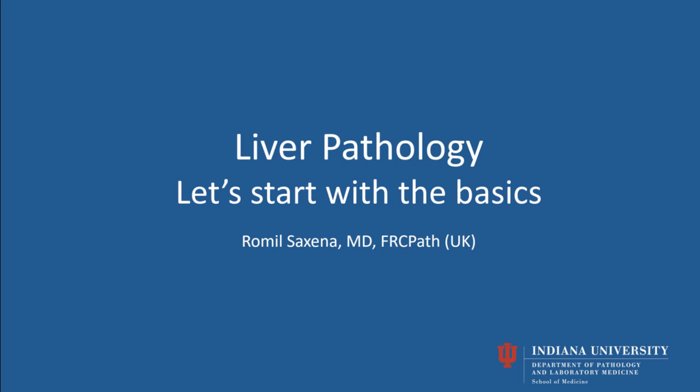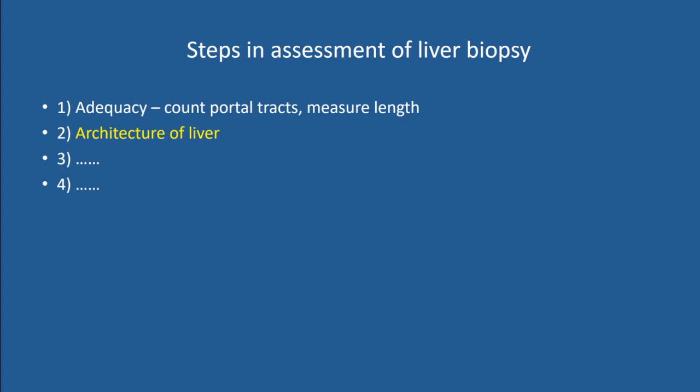When we look at liver biopsies, we are usually taught to first and foremost look for adequacy, and secondly for the architecture of the liver. So I will start with the architecture and talk about adequacy a little bit later on.